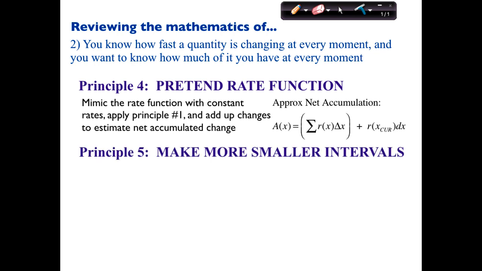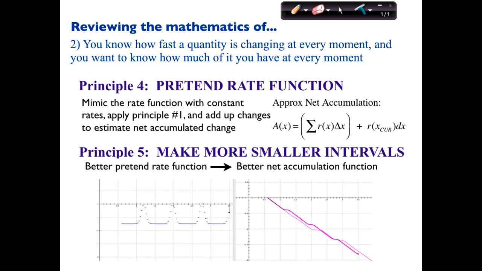All right, so what did we say? Next interval principle was to make more smaller intervals to make our approximations better. Better pretend rate function, better net accumulation function. Better ingredients, better pizza. All right, so that was that, right?